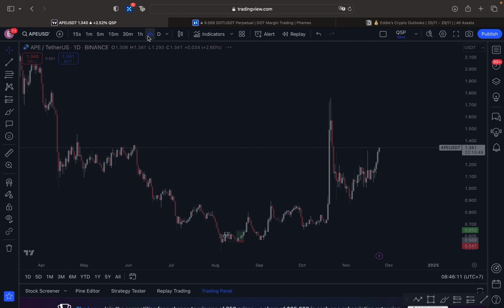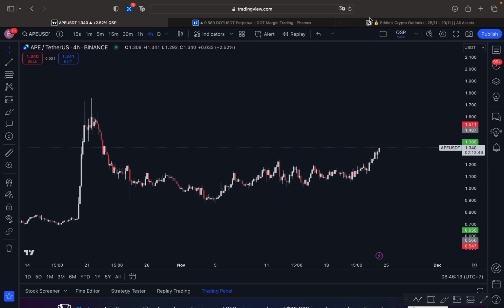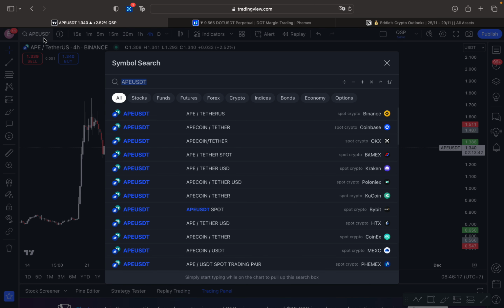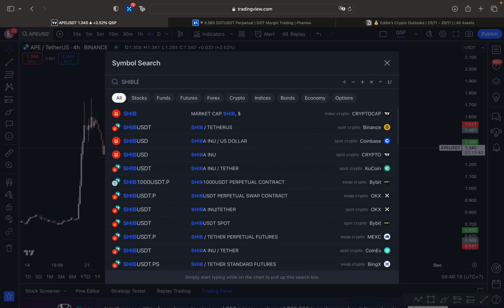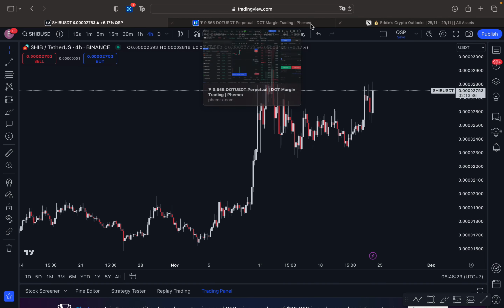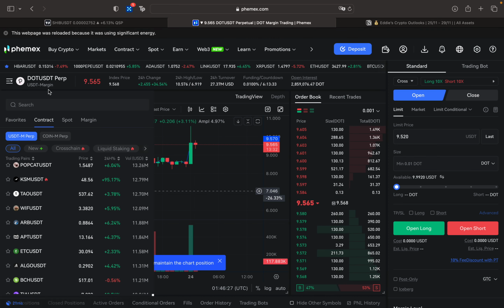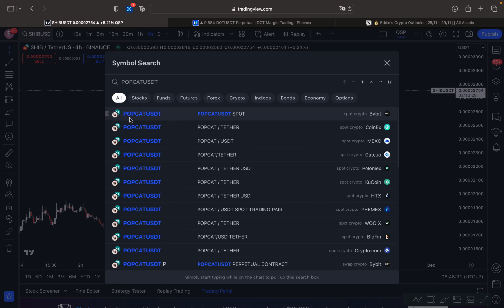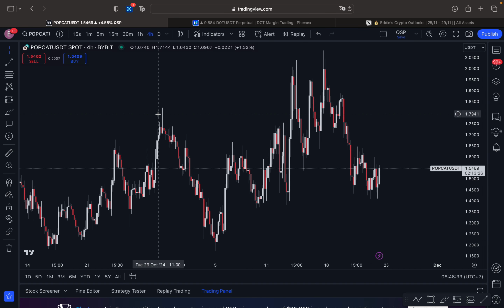Maybe it's clean. Yeah, I don't want to trade this. Shiba. I don't want to trade that as well. Popcat. I do want to trade this.